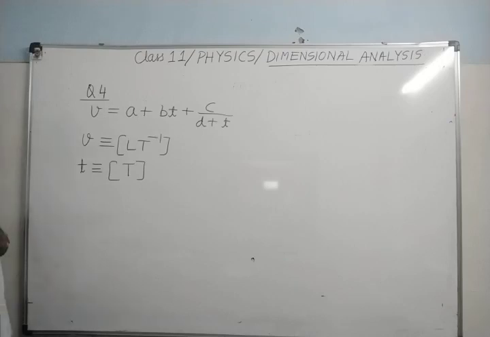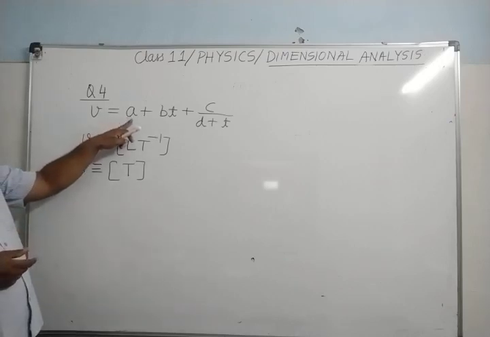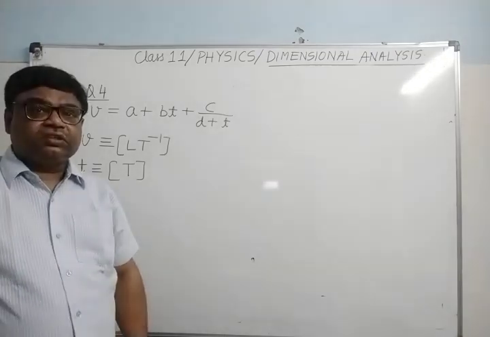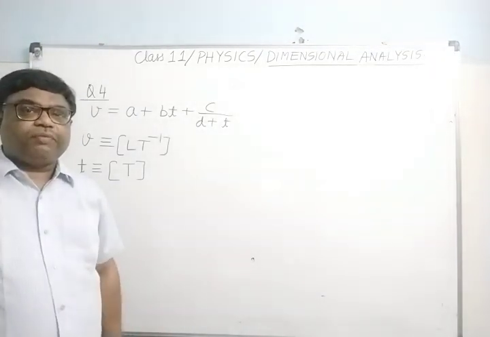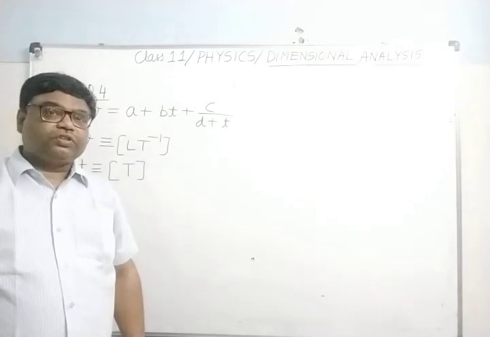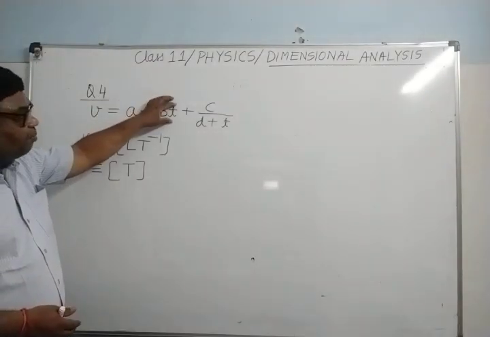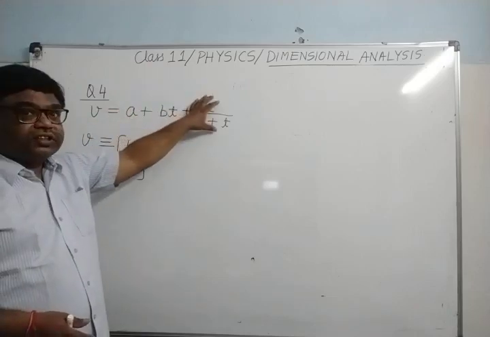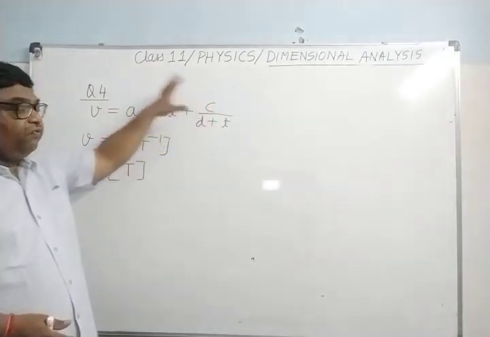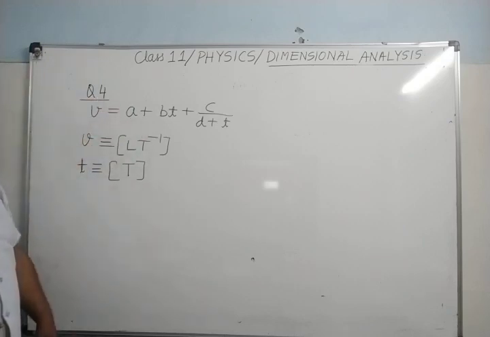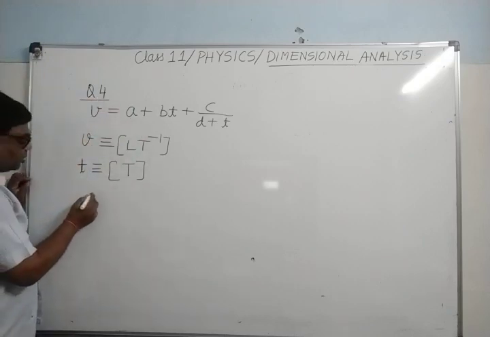So very simple. What is the dimension of A? What is the principle of homogeneity of dimensions? All the terms will have the same dimension. This means the dimension of A, the dimension of BT, and the dimension of C upon D plus T will all be equal to the dimension of V, which is LT minus 1. It's clear? So what is the dimension of A?